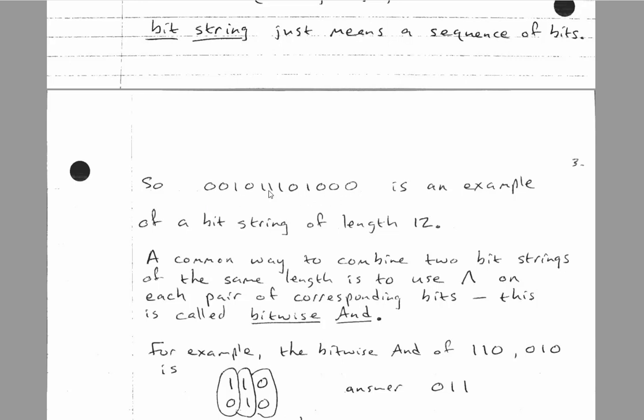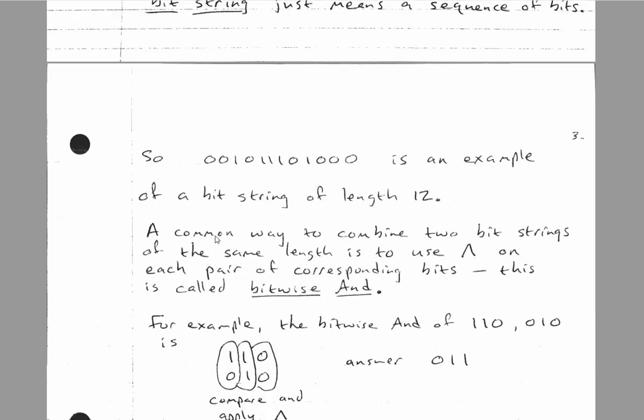Internally computers are working with bit strings. A common way to combine 2 bit strings, they need to have the same length, is to use, say, the AND operation. Bitwise AND means just compare each corresponding bit in the string and apply the operation.